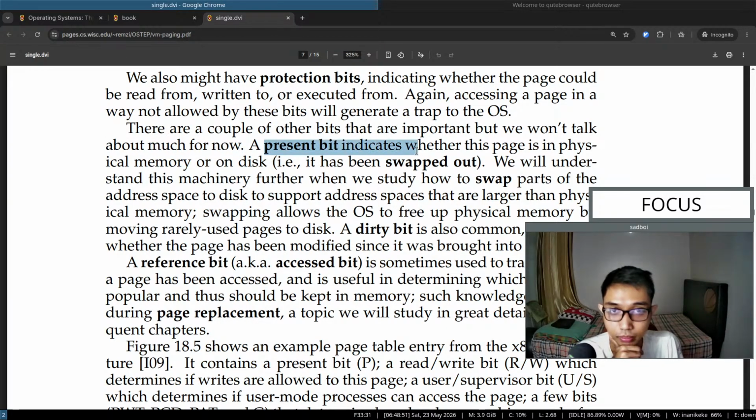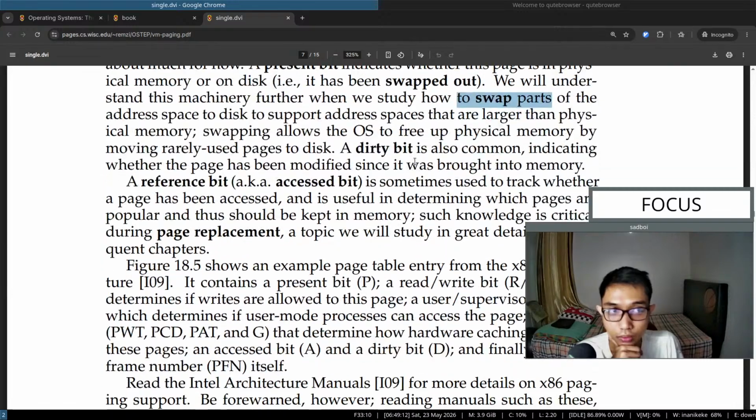A present bit indicates whether this bit is in physical memory or on disk. Oh, interesting. That is, it has been swapped out. We will understand this machinery further when we study how to swap parts of the address space to disk to support address space that are larger than physical memory.